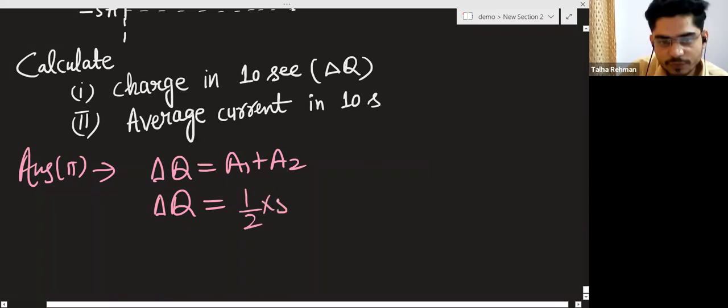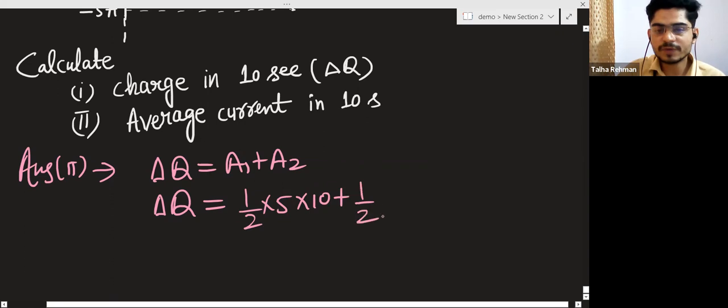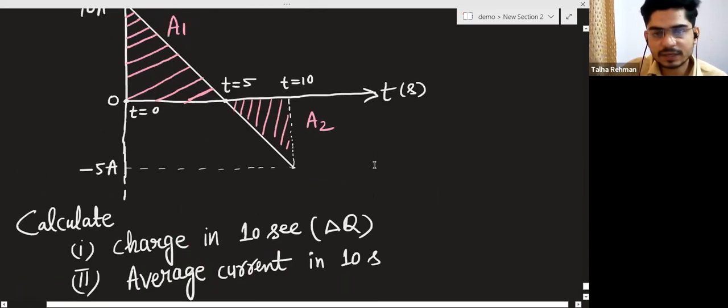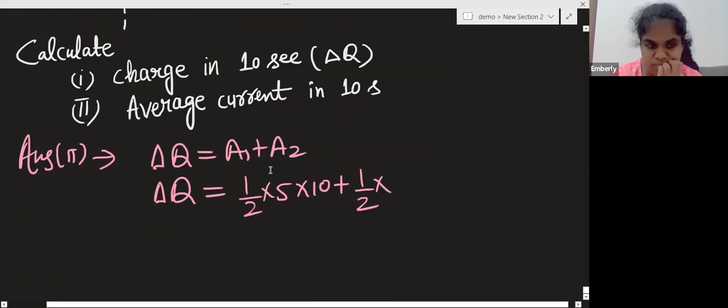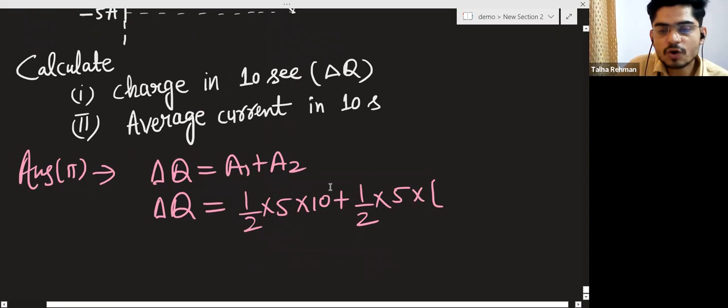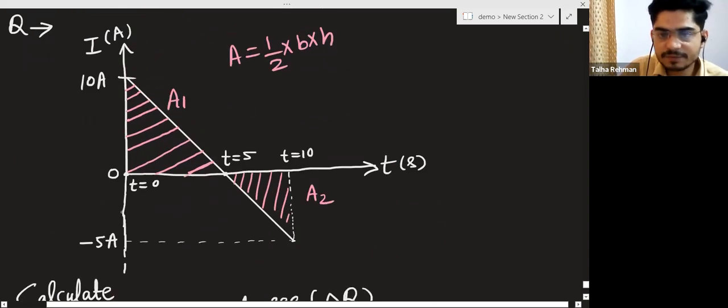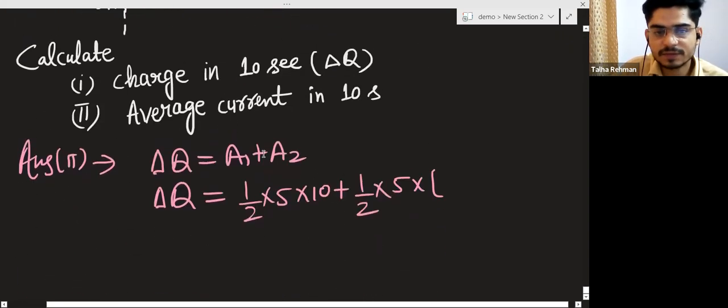Half into 5 into 10. This is plus now. Now we will calculate this area. This is half, and what is the value of this base? 5. Very good. And what is the value of this height? We will take the sign, minus 5.